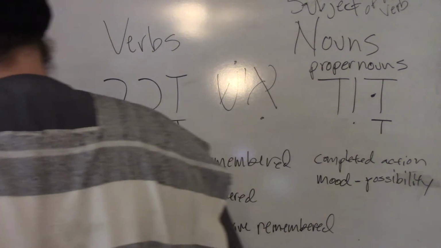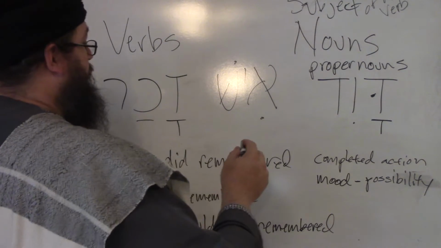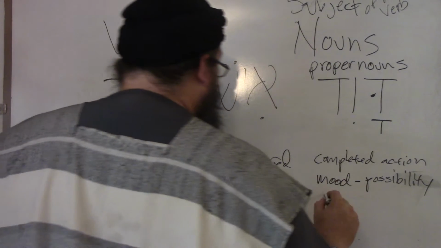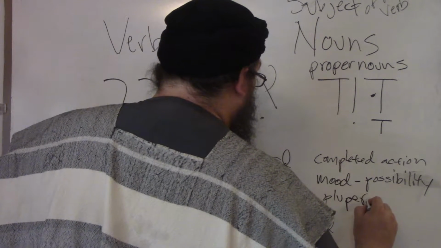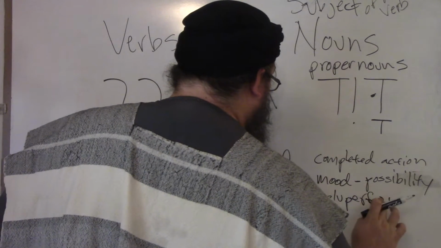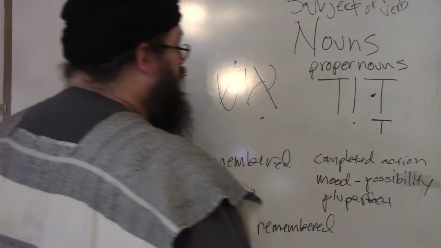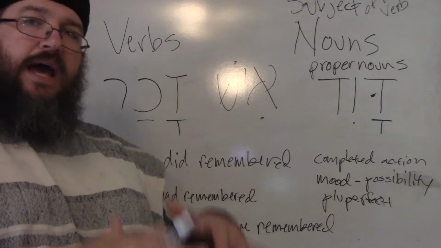And also, there's another form which we have to put here, which is the pluperfect, okay? So what is the pluperfect? The pluperfect is the past had action.